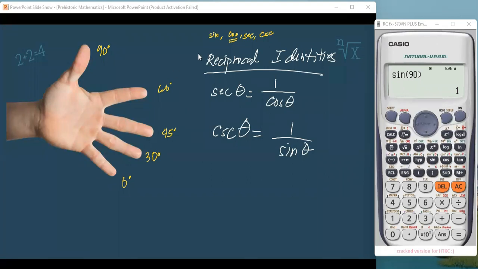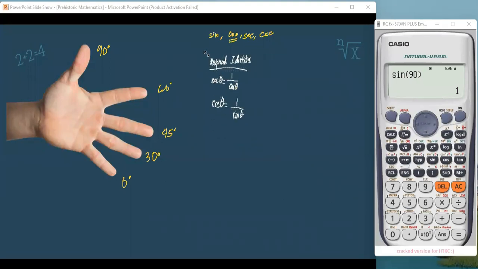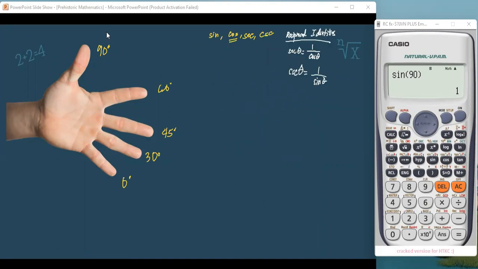So to further illustrate, let's have one example. For example, we have secant 45 degrees. Sabi po sa ating reciprocal identities, secant 45 degrees is equal to 1 over cosine 45 degrees.